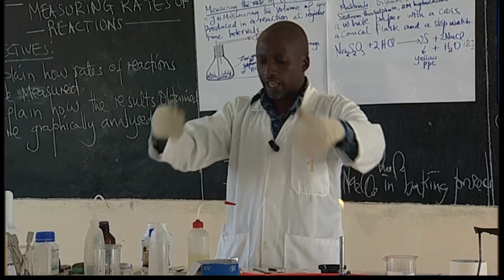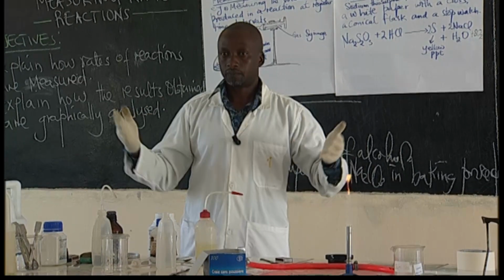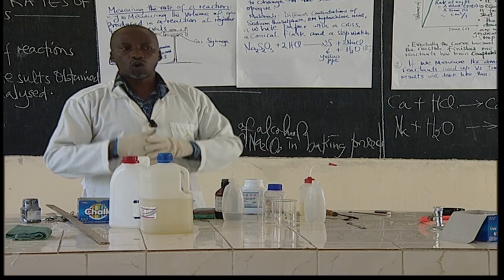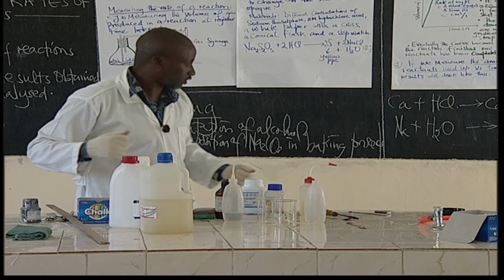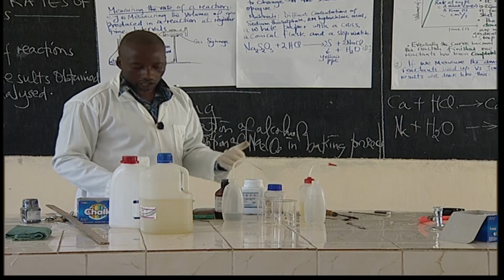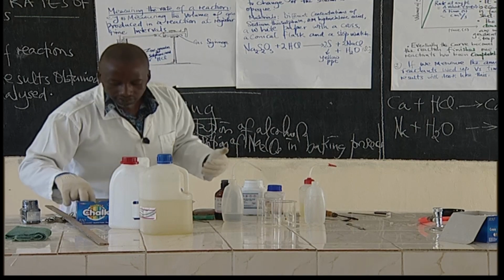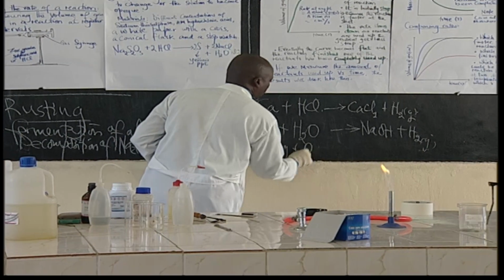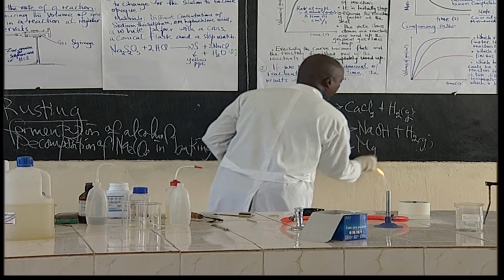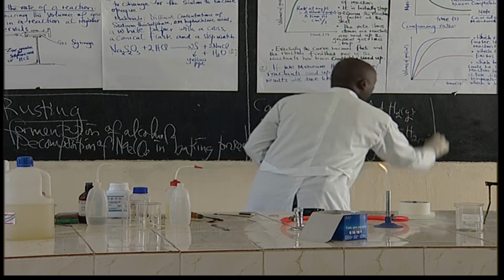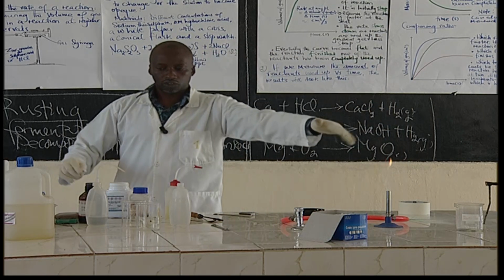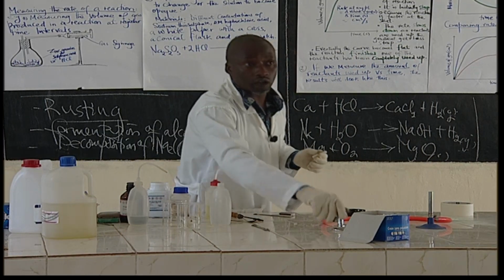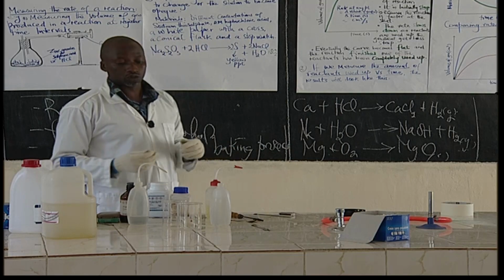So those are some of the reactions that take place either in laboratories or in real life situations that are very fast and very slow. We have also seen magnesium reacting with oxygen to give magnesium oxide. Remember the explosion reaction. There are so many other explosion reactions, but they are also dangerous to carry out.